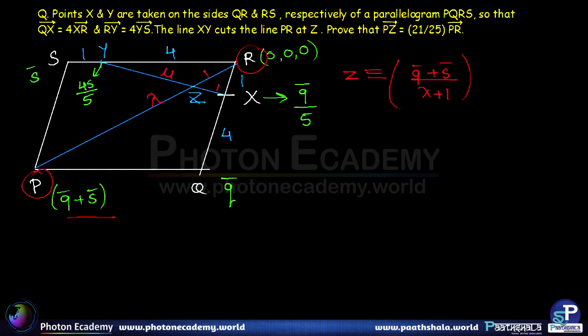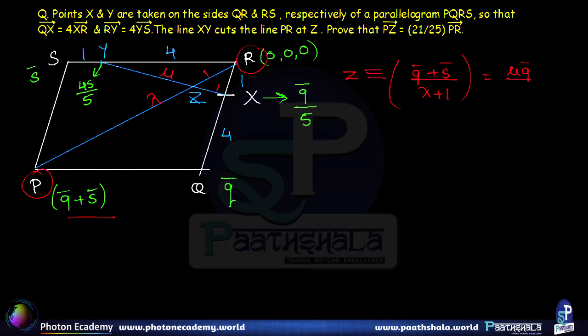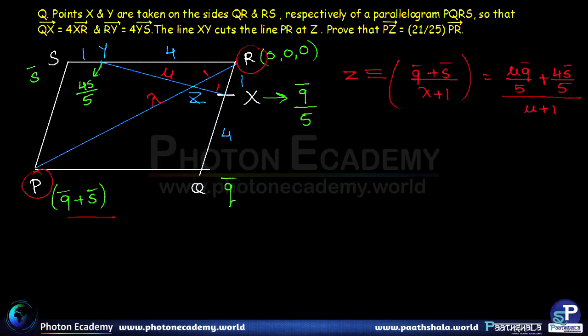Now let's do for mu is to 1, that is line XY, so that is mu into X, where X is Q upon 5, plus 1 into Y. So we know that Y is 4S upon 5 and the whole thing is divided by mu plus 1.